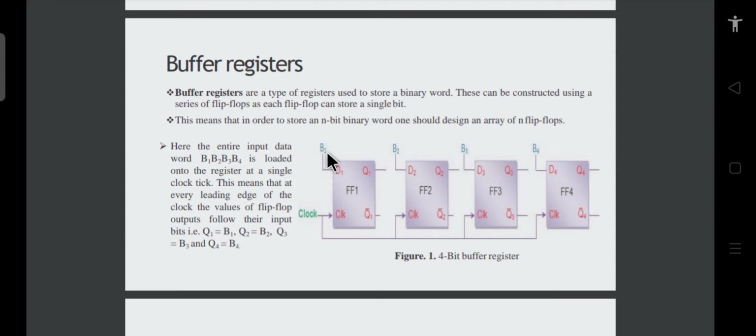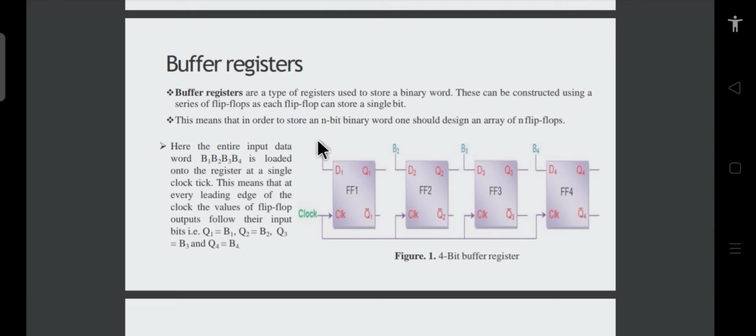When they are connected in such a fashion, you can see that the input of each D flip-flop is connected to some bit: B1, B2, B3, B4 simultaneously. Whenever a clock occurs, the output gets the value of the input; if there is no clock, the output will not get the value of the input.